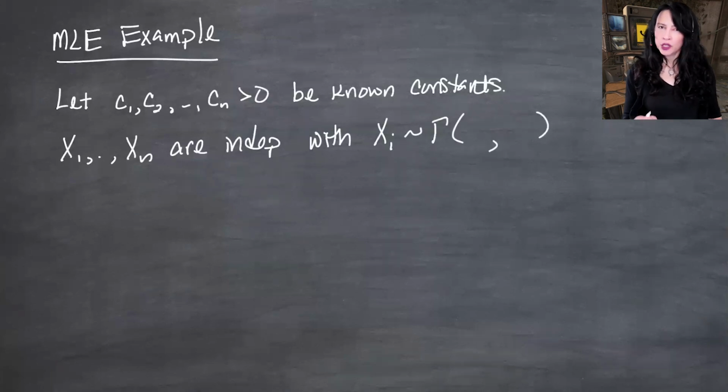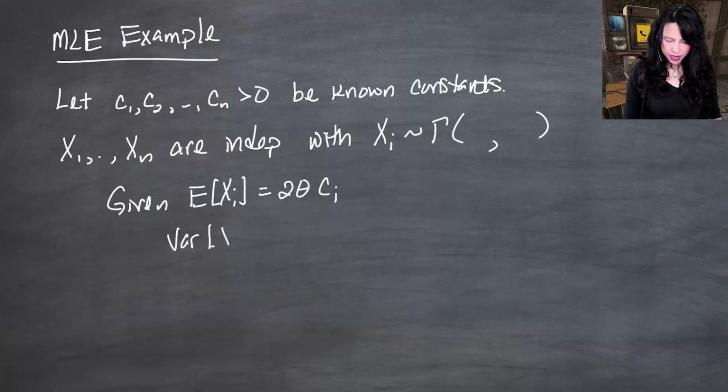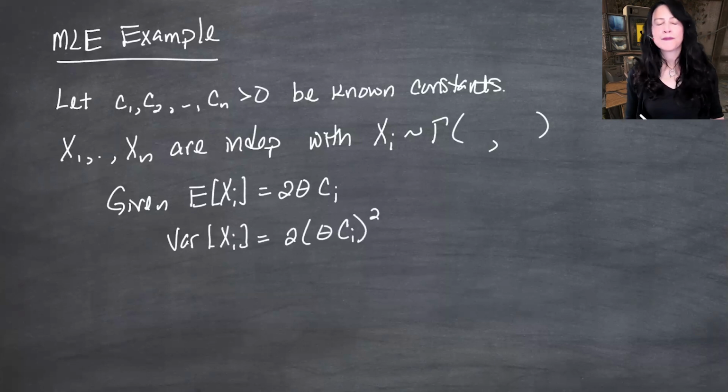now the parameters in this problem were given in terms of the mean and variance. So we're given that the expected value of the ith one was 2 times theta times ci, and we're given that the variance was 2 times theta ci squared. I'm not entirely sure.